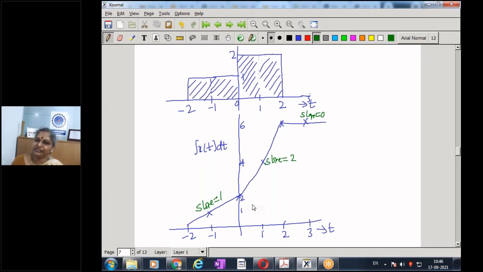If I differentiate a line of slope 1, I get 1. A line of slope 2, I get 2. A line of slope 0, I get 0. So do we get back the old signal? We took the first signal, we integrated, and if I differentiate, I should get back the earlier signal. Is integration clear?